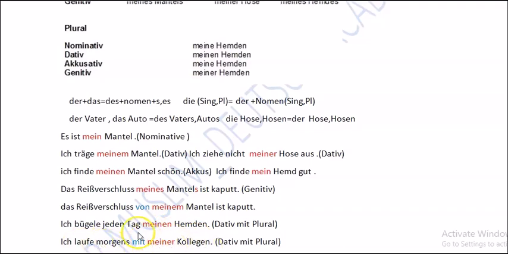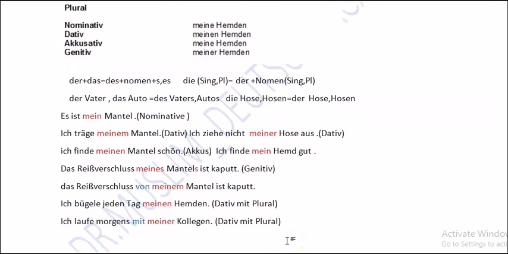Mit is dative, then we said die is changed to der in dative. So mein is changed to meiner. It means I am running with my colleague every morning.